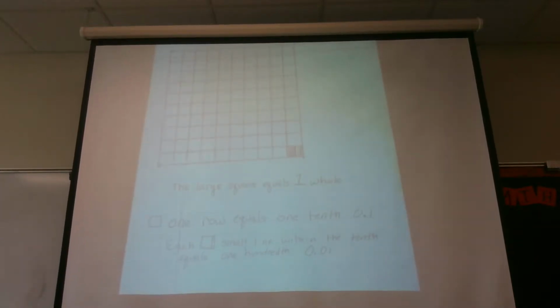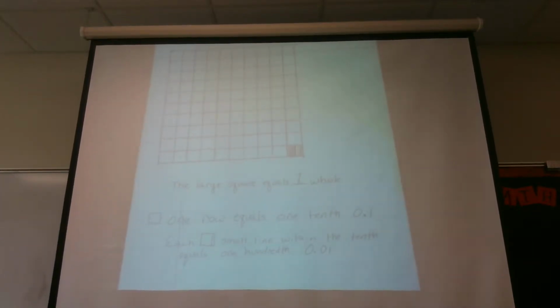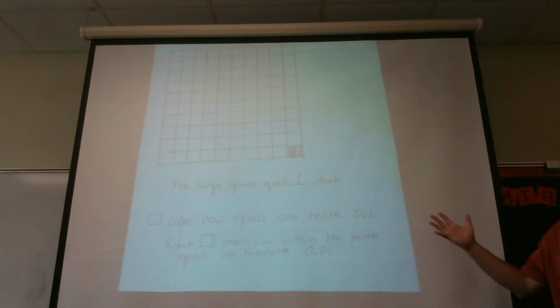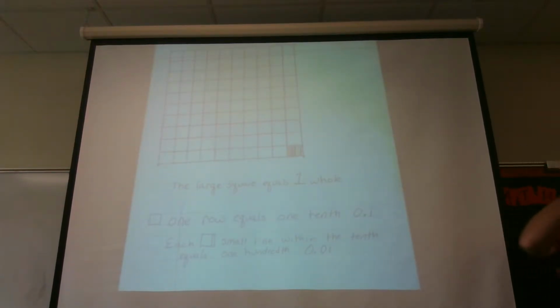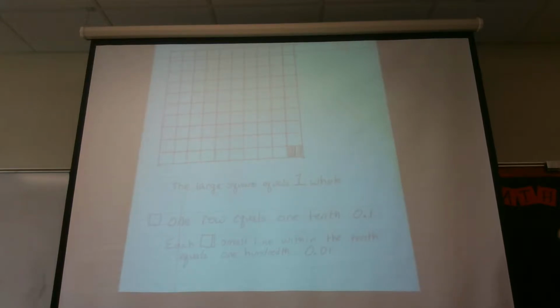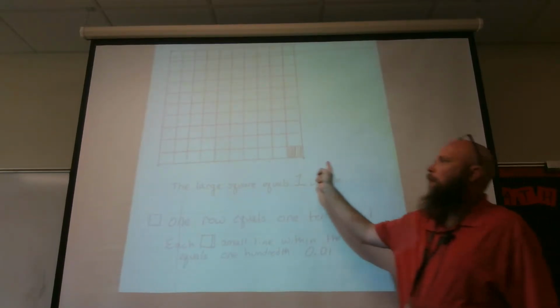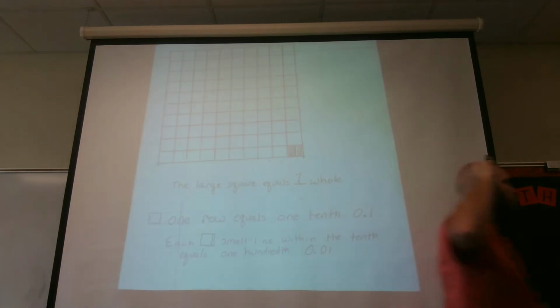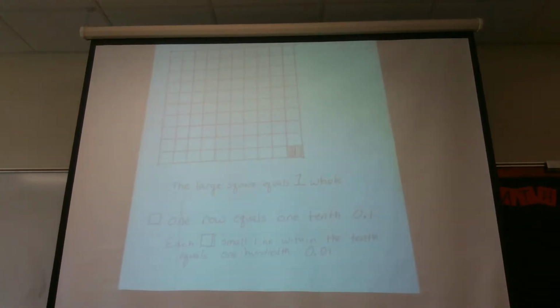All right, you've all received a paper that looks like the one on the screen. In the past, you have learned about one whole. One whole is the big, giant square.